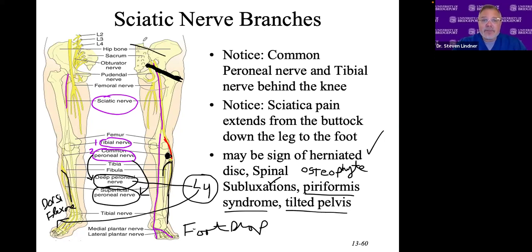You can have a pelvis that tilts, which changes the orientation of that greater sciatic notch, and that can pinch the sciatic nerve. You can even have a foot problem. You can have flat feet. You can have pes planus, which is flat feet. And yes, flat feet can work its way up to cause a sciatica.